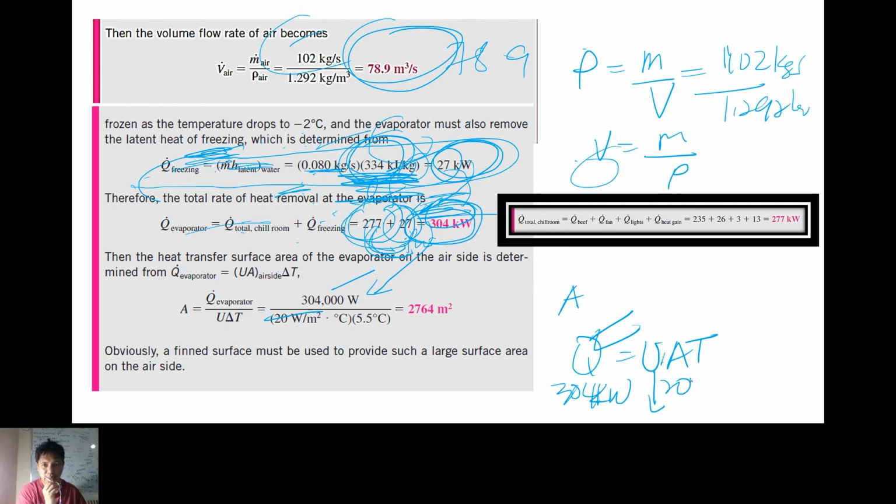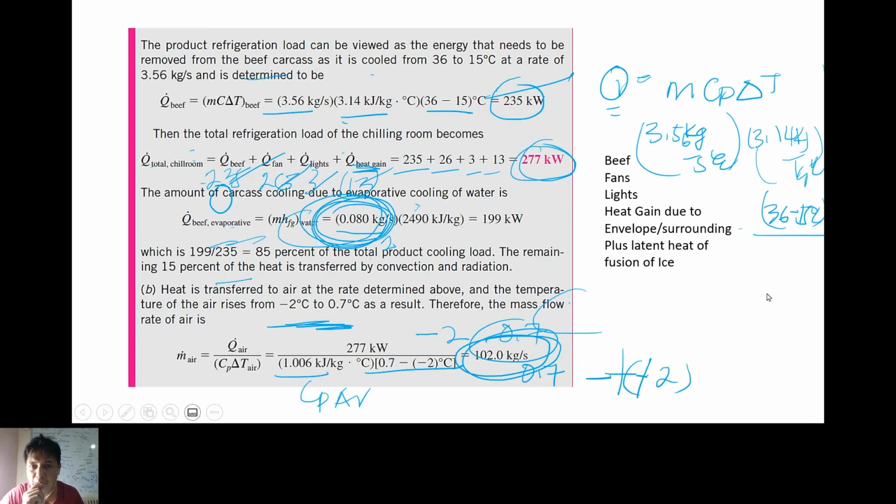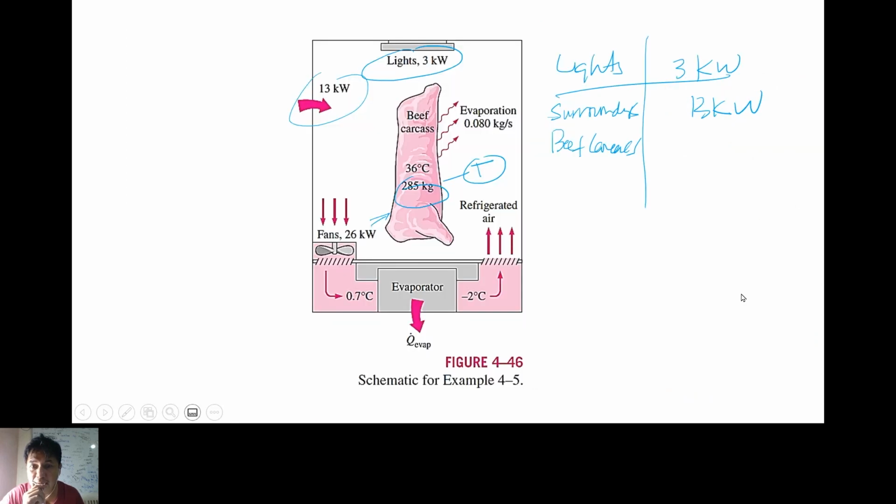Area, yun yung pinapahanap. T, yun yung temperature difference. Ang temperature difference natin ay 5.5, 5.5 ang ating delta T, pinapakompute sa atin yung area.